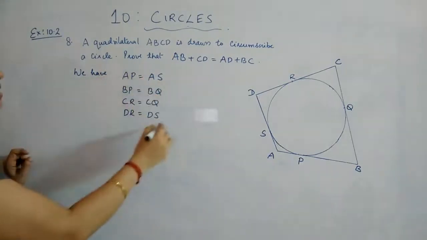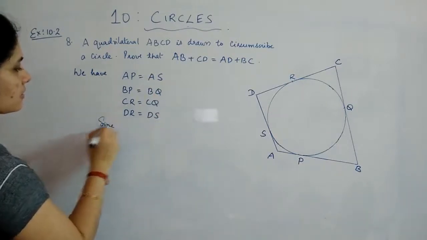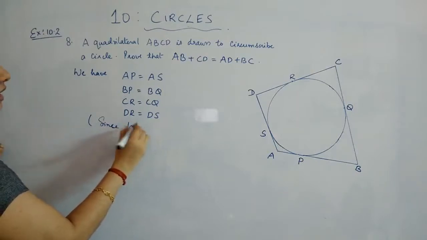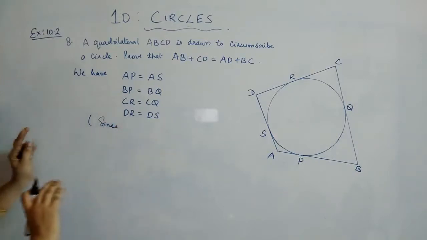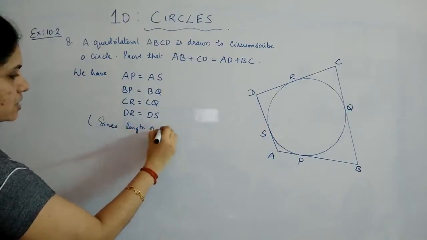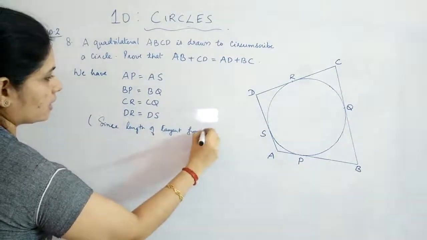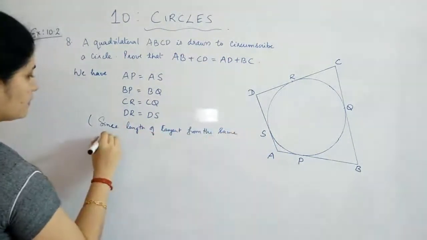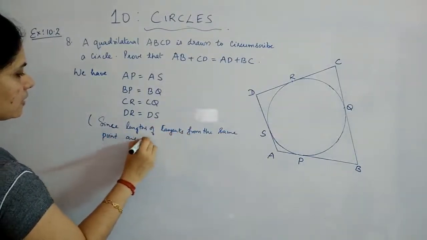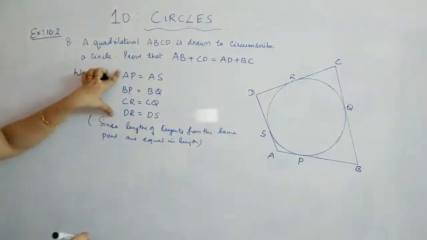And for all these, what is the reason? Since the lengths of the tangents from the same outside point are equal in length. So this is the reason behind all these four things.